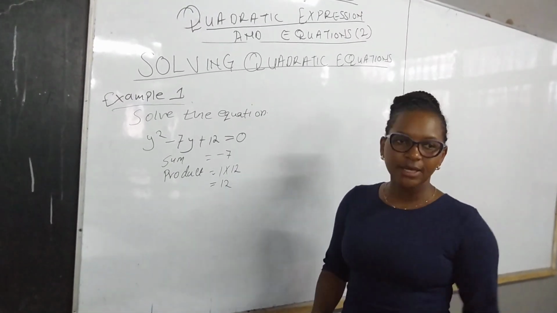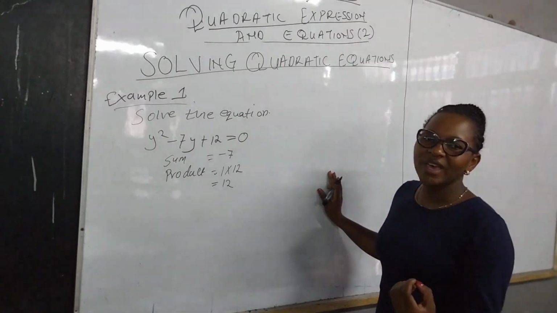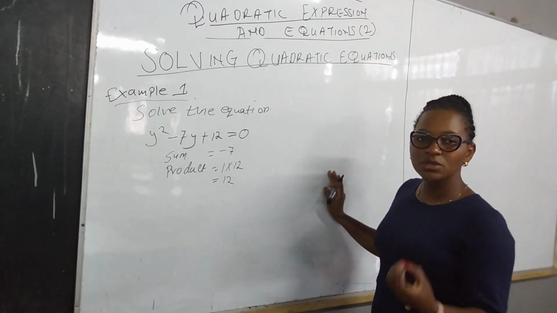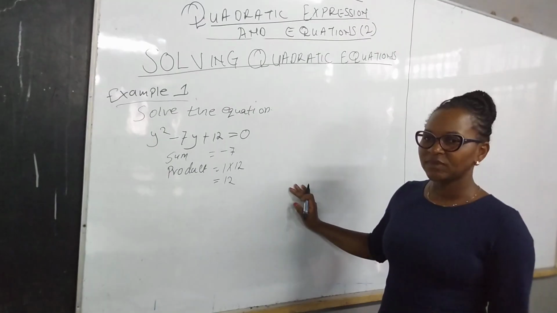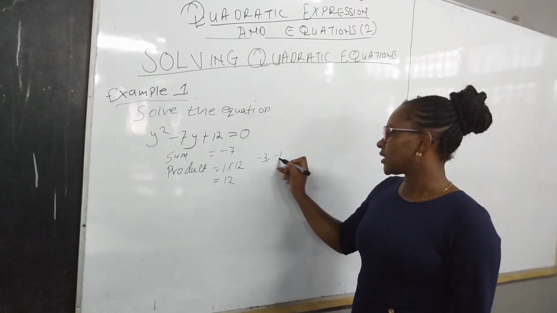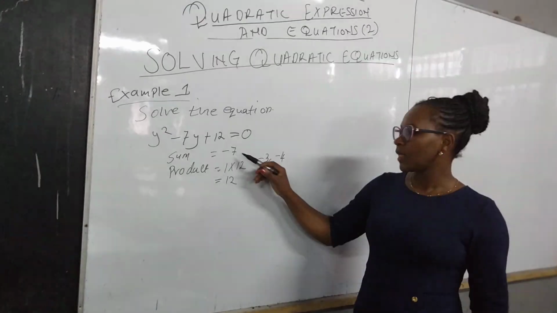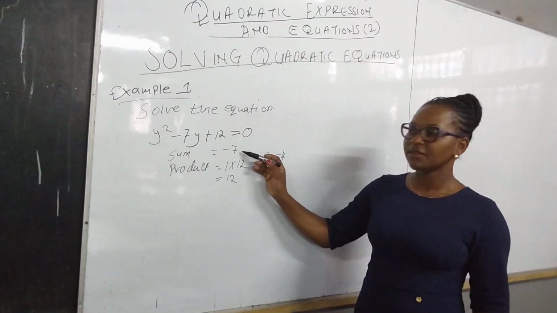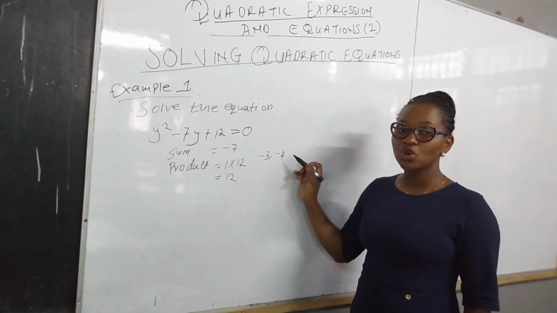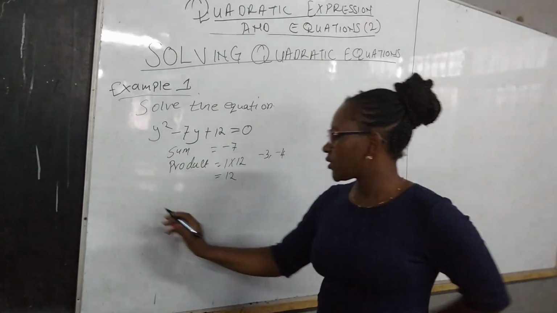Once again, we ask ourselves, which two values, when we add them, we get negative 7, and when we multiply them, we get 12? Our values are negative 3 and negative 4. Negative 3 plus negative 4 gives negative 7, and negative 3 times negative 4 gives positive 12.